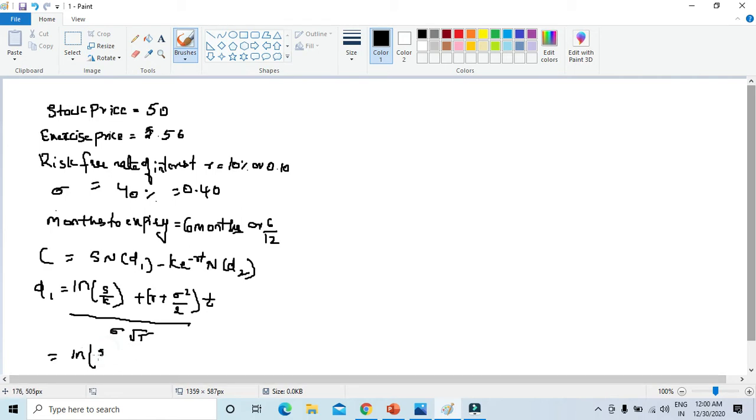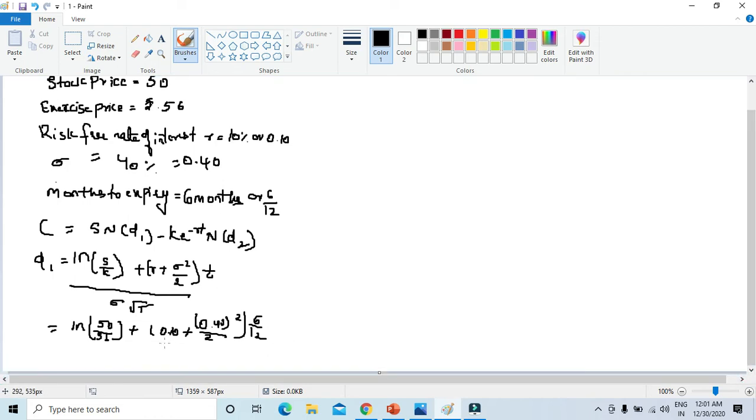So 50 divided by 56, plus R, which is 0.10, plus standard deviation 0.40 square divided by 2, into 6 by 12, divided by standard deviation 0.40 under root 6 by 12.